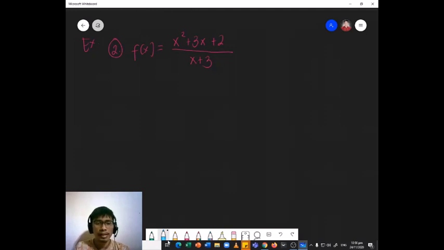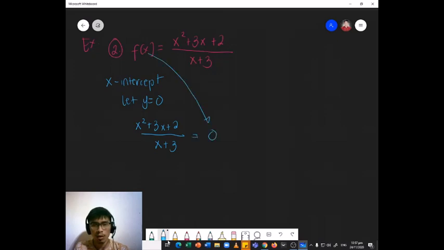Now let's find the x-intercept. How to find the x-intercept? We let y equal to 0, and again, f of x here is equal to 0. So it will become x squared plus 3x plus 2 all over x plus 3 is equal to 0, because again, this is our f of x.